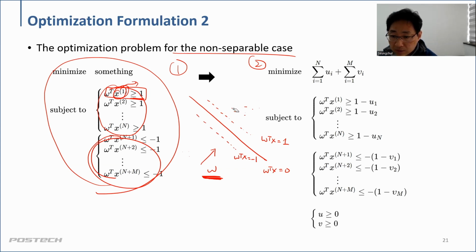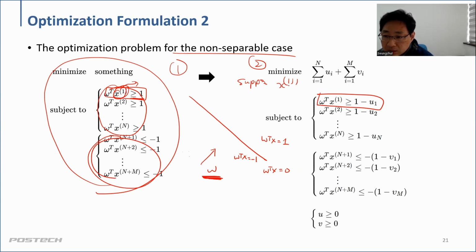But let's think about, suppose this guy is misclassified. This guy is an outlier. That means the true label of this guy is positive, but somehow this data point is located here.